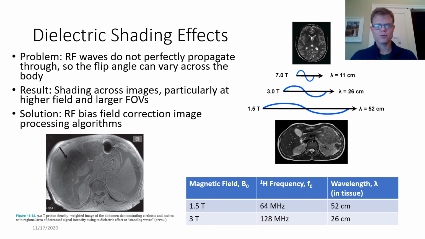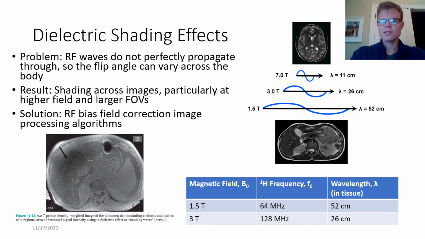Okay, and we're here at our last artifact. And these are dielectric shading effects. The problem here is the RF waves actually have some finite wavelength, meaning they don't perfectly propagate through our entire body in a uniform fashion.